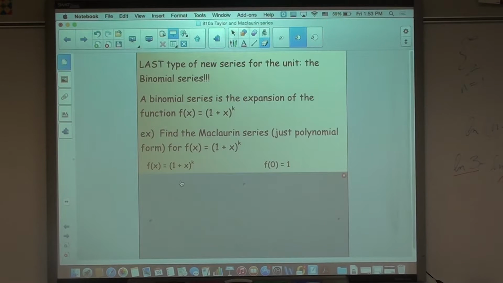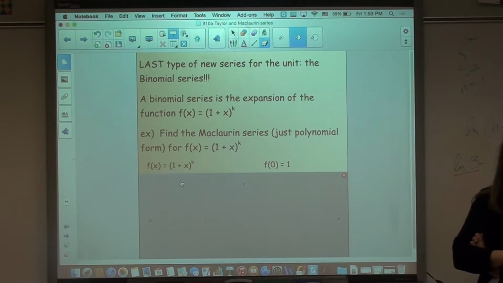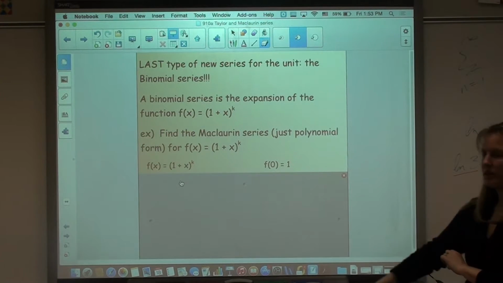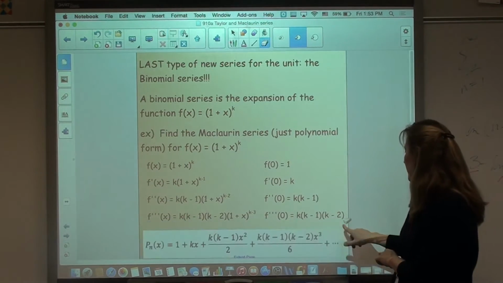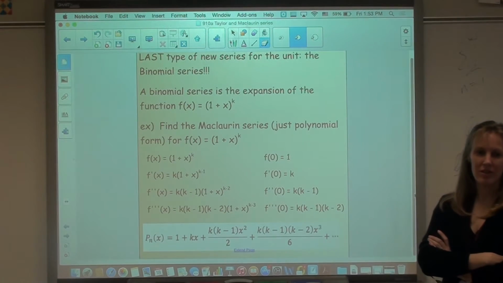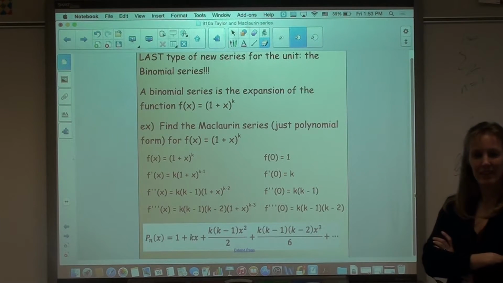So would this not work for something like (1 plus x) to the 3 halves, because you use a factorial? You don't have to write it in factorial, but when you write it as a summation, it's k times k minus 1, so it's all the previous ones. That's why you don't write the summation here.